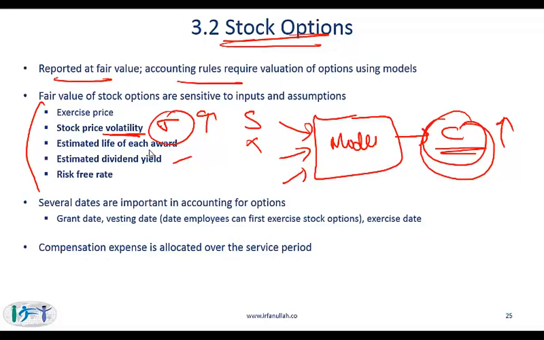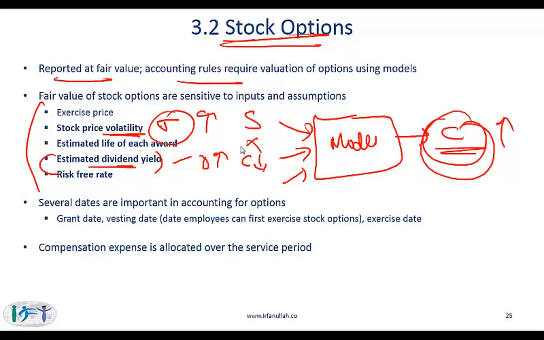Estimated life of each award. The next one actually that is important is the estimated dividend yield. If the dividend yield is high, then the value of the call option becomes lower. If you are really careful about studying level 1, you'd know this, but we didn't spend too much time on this at level 1.